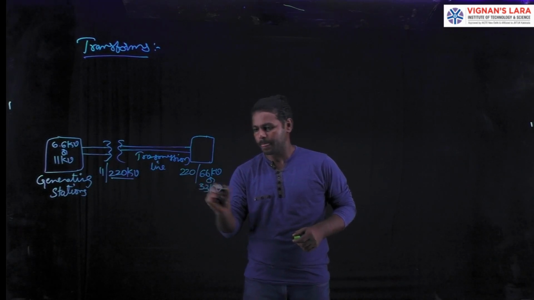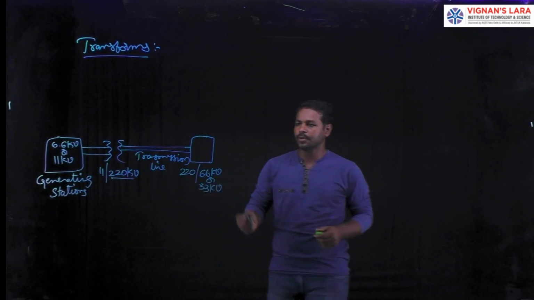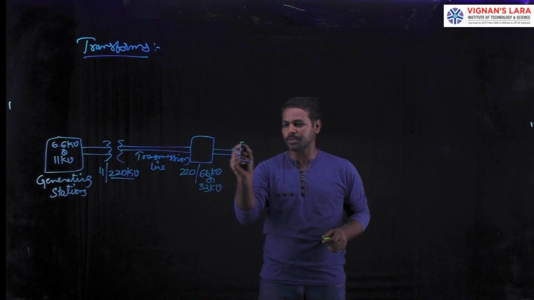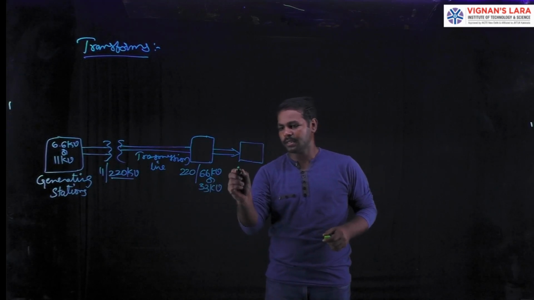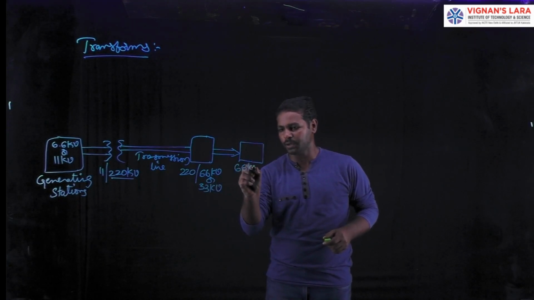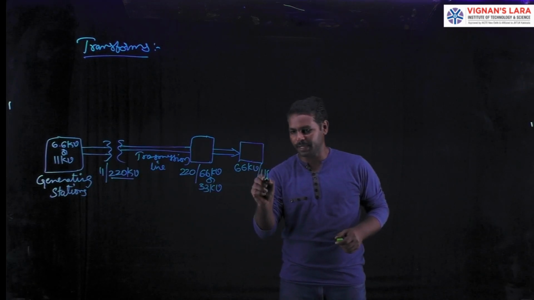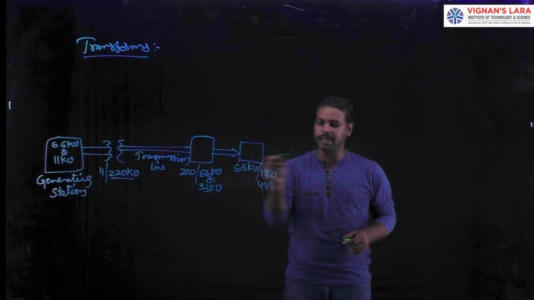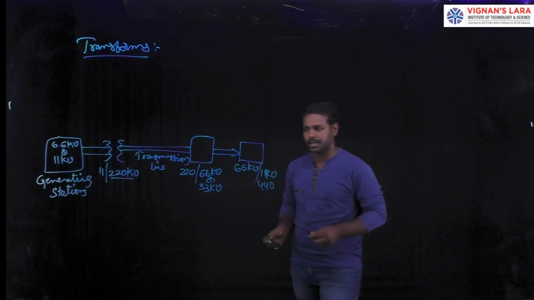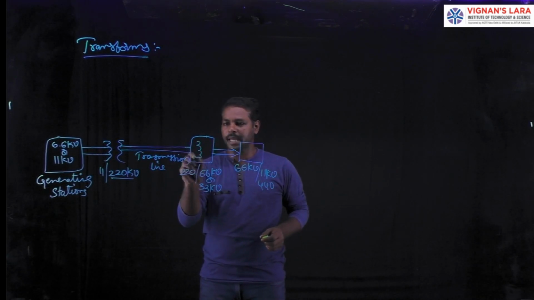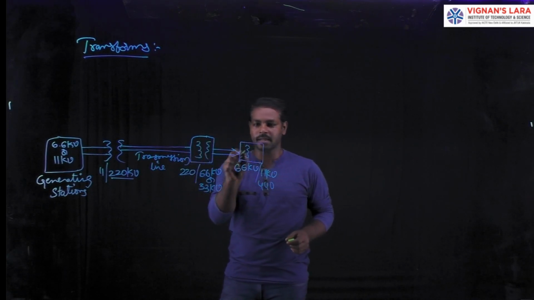This is again distributed into different categories: 66 kV or 33 kV to 11 kV or 440 volts, which is again distributed to the distribution lines. In this process, at each and every stage, we use a transformer.